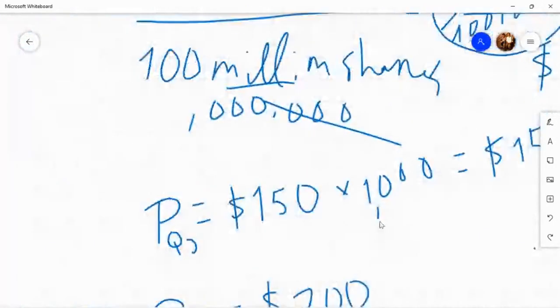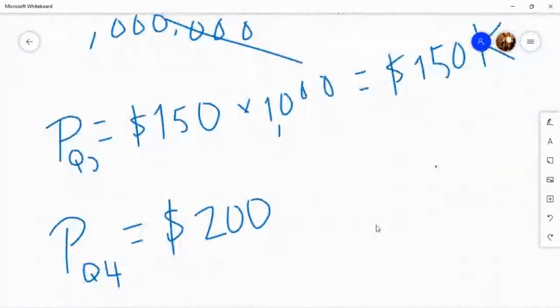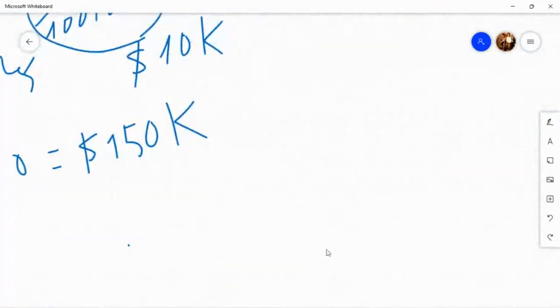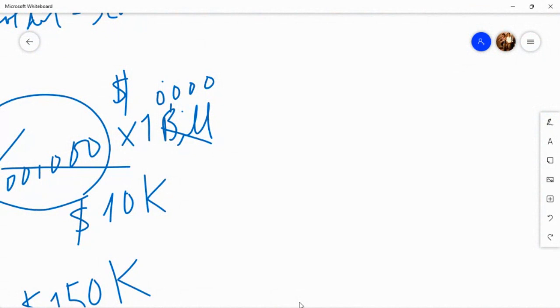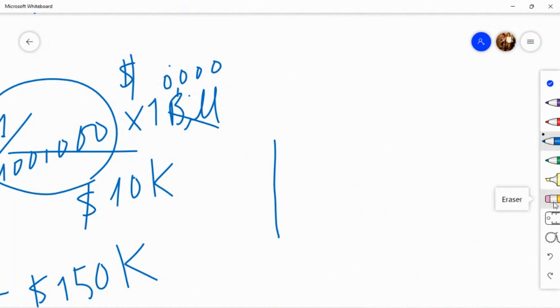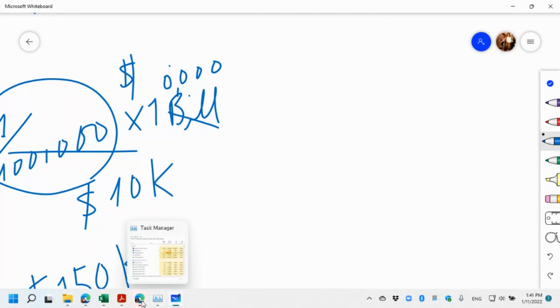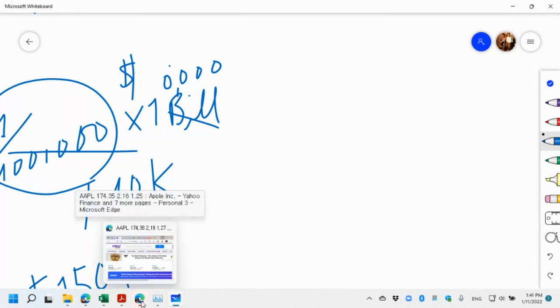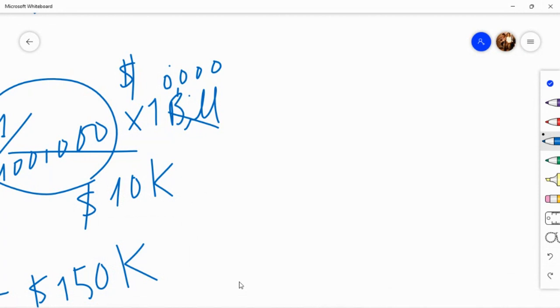1 billion over, I'll just do it on a calculator. 1 billion has 9 zeros. 100 million has how many zeros? 7 zeros. The difference is 2 zeros, right? So the earnings per share is 100. Isn't it right?